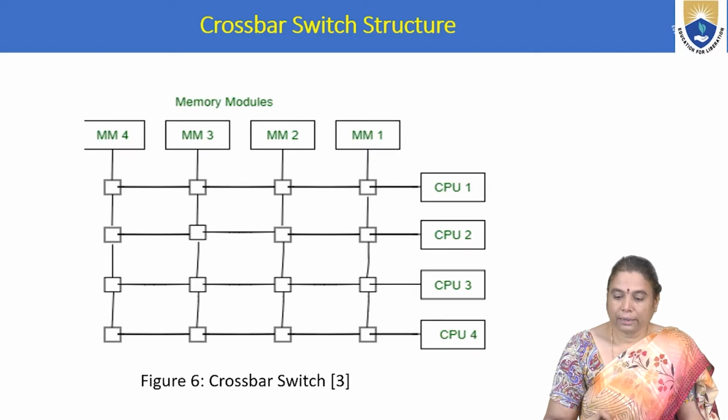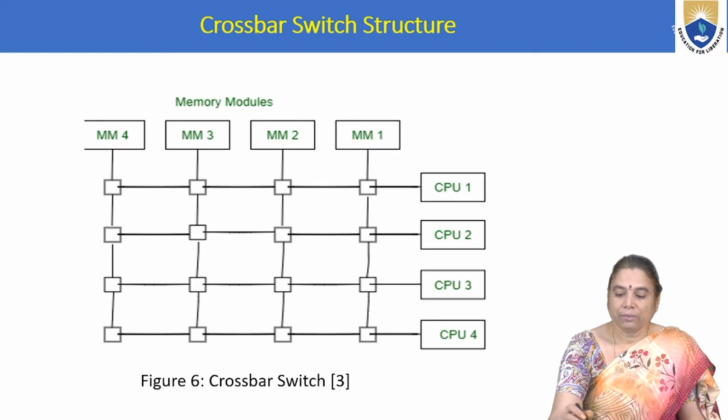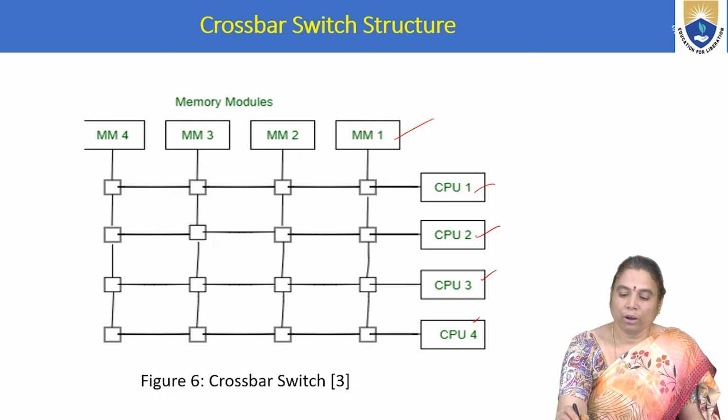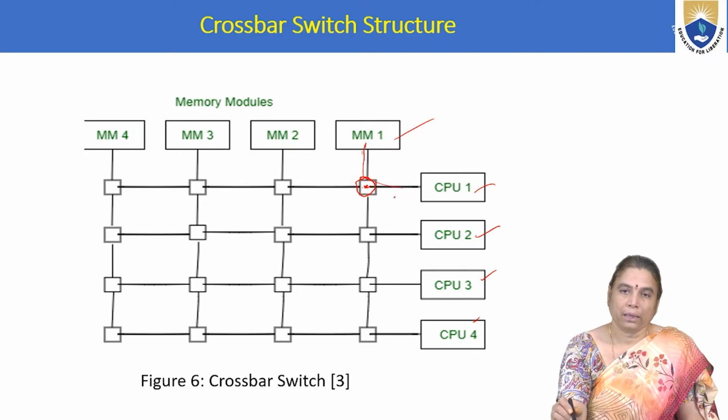How can this architecture be? Various memory modules are employed and multiple processors are connected to the memory modules with a switch. So the switching logic is used to decide the communication path between the processor and memory. No common bus can be there.